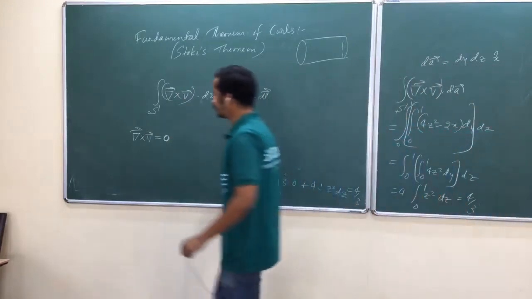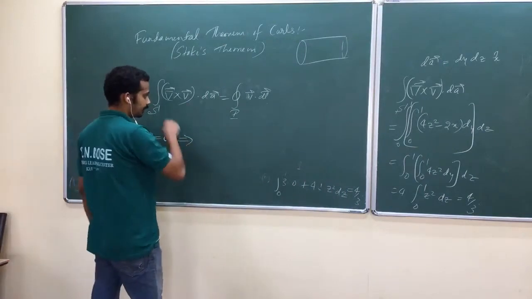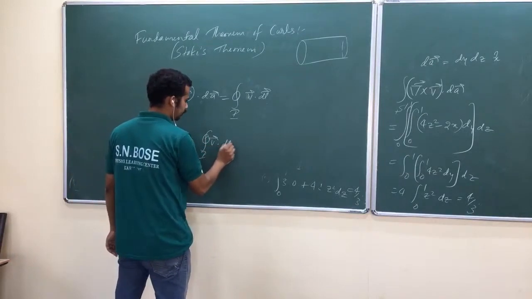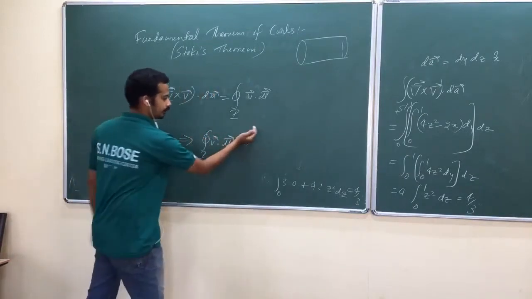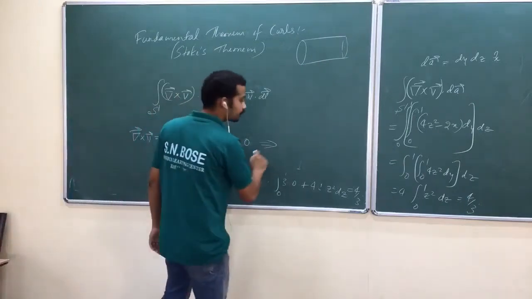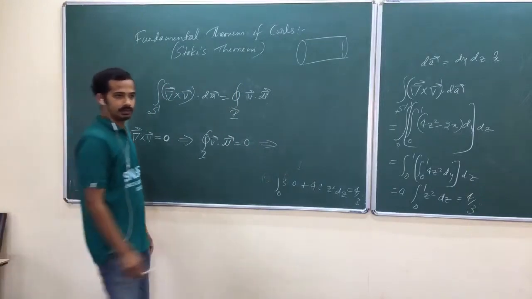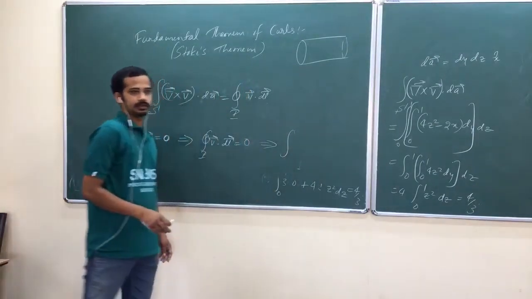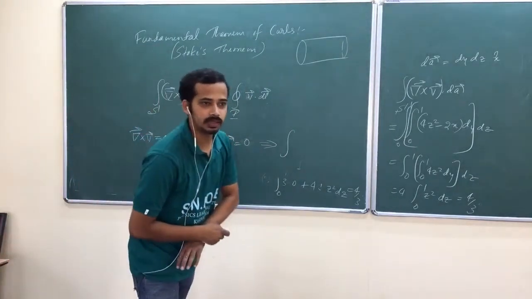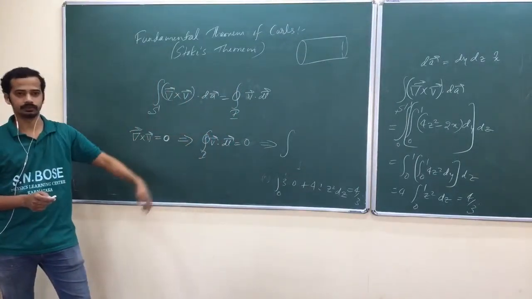Whenever curl of a vector field is 0, the very next thing is that the closed path integral of that vector field is equal to 0. The very next thing is we have to argue this one: if the closed path integral is equal to 0, then the path integral is independent of the path chosen. We had a reverse of that, do you remember? When the path integral was independent of the path and depended only on the boundary, the closed path integral was 0.